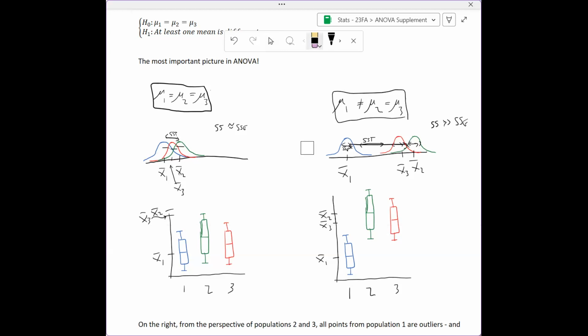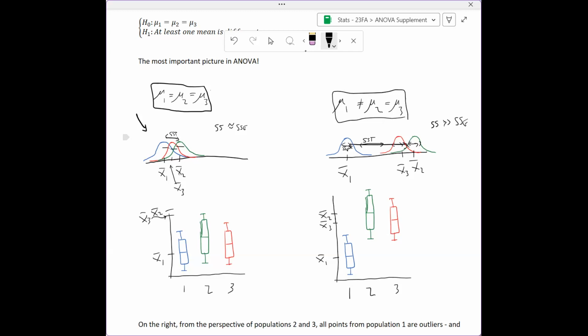If we look at the top left picture here, this might be a picture where we have 3 X bars, X bar 1, 2, and 3, for the 3 different samples coming from the 3 different populations. And those X bars are fairly close together.